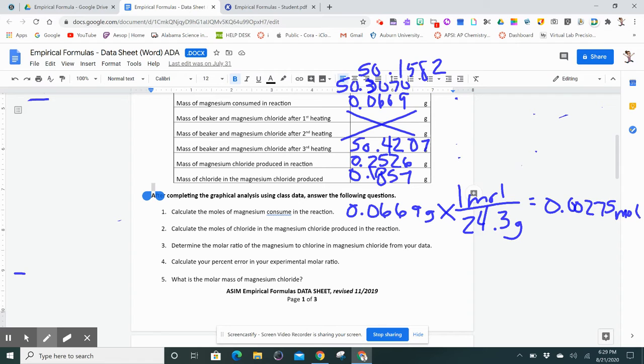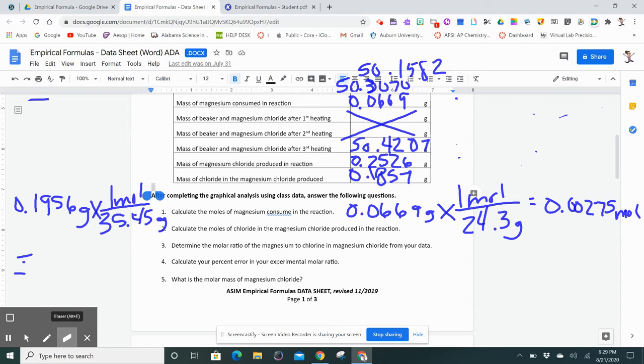Okay, and then we're going to do the same thing with the chloride to calculate the moles of chloride. So we'll do that on this side. Our amount of chloride was 0.1956, and we are going to turn that into moles by dividing by the atomic mass of chloride, which is the mass in 1 mole. Always. The atomic mass is always the mass in 1 mole. So, I'm sorry, that was the wrong number in there.